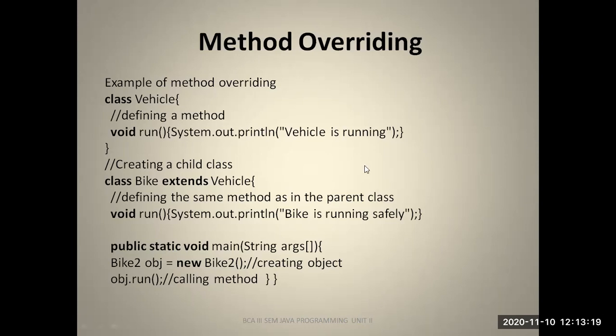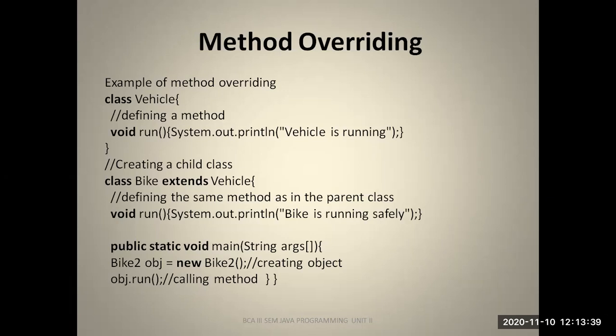Try to understand this. What is the advantage of creating an object for the subclass? Because the subclass contains all the properties of the superclass. But if you create a superclass object, the functionality is limited to the superclass itself.